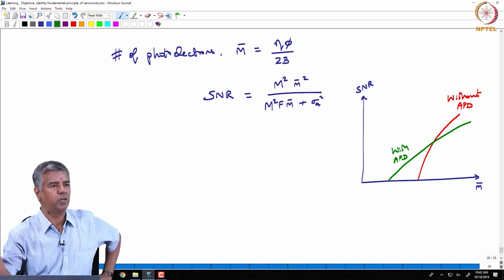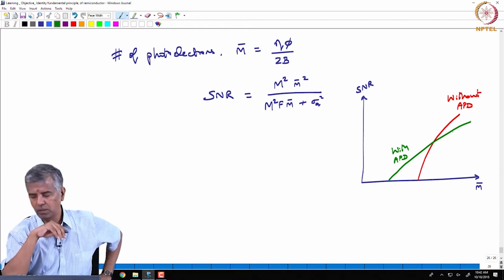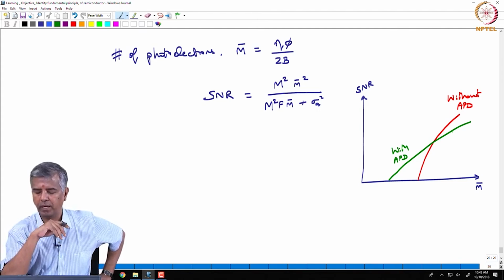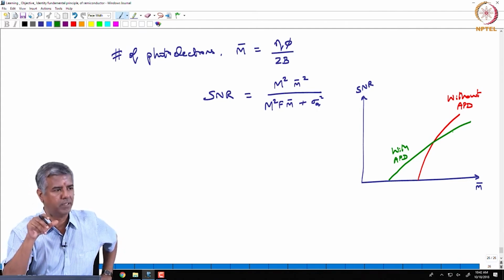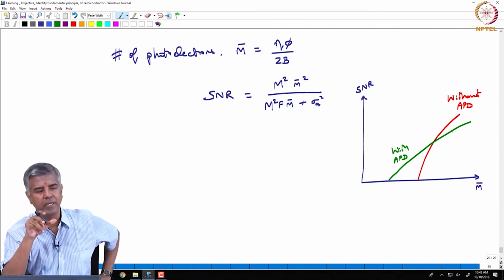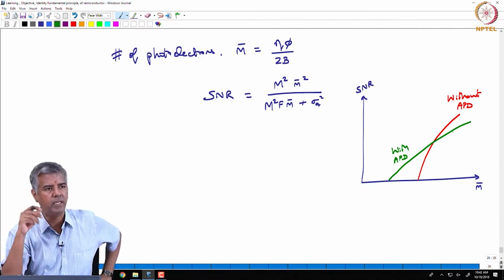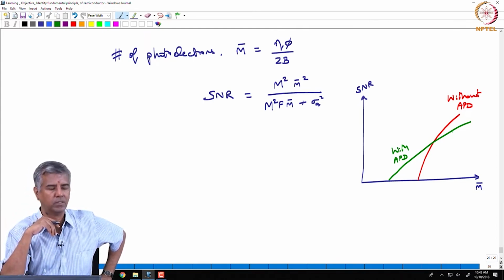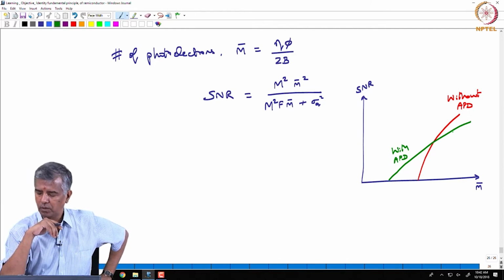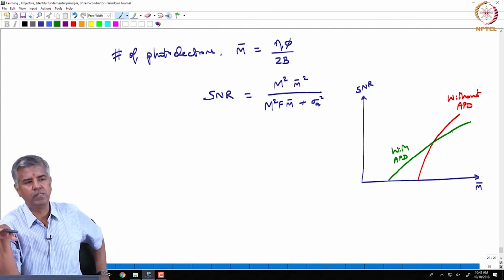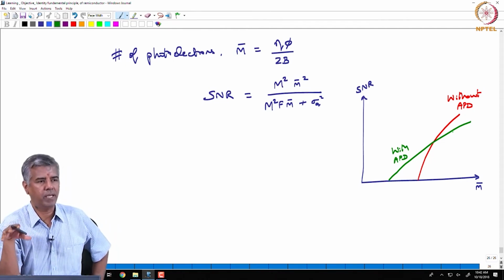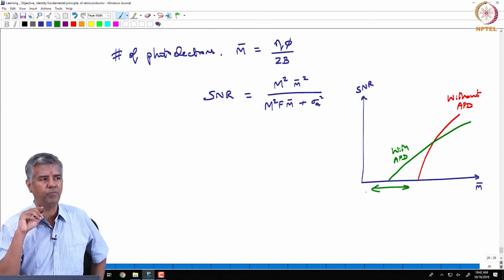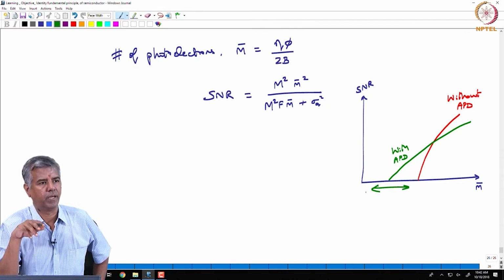If you have a large number of photoelectrons falling on your APD, that shot noise component is going to dominate, and when that shot noise component dominates, then you essentially have a lower signal to noise ratio. Okay. So, this sort of a picture determines when you use the APD. You use the APD typically in these regions where you have very few photoelectrons falling on the photodiode.